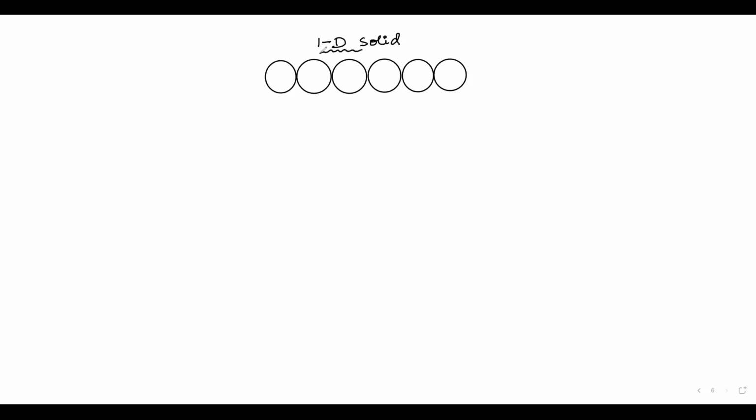In a 1D solid, there is only one question that you can be asked. That is, what is the coordination number of this solid? Coordination number of a 1D solid. Can I get any answer? Ahmed, what do you think? What is the coordination number of a 1D solid? 6. Okay.